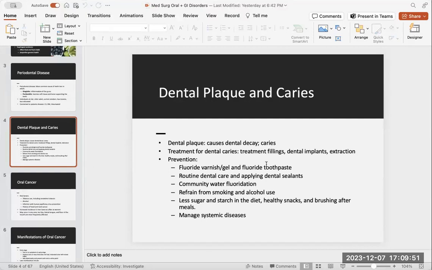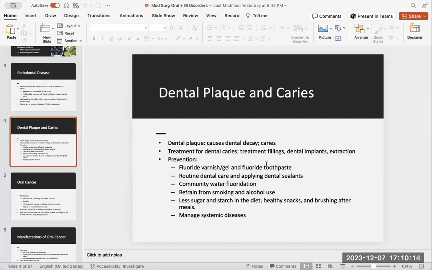prevent plaque? Well, wash your mouth with fluoride and have routine dental care. If I'm worried about something in the mouth, I should be telling them, go to your dentist and follow your every 6 months hygiene appointments. Make sure you floss and brush your teeth after you eat.